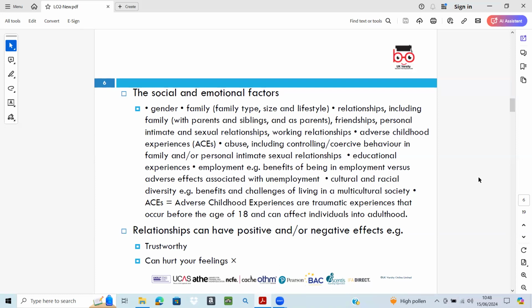Then we have relationships that can have positive or negative effects, trustworthy and can hurt your feelings. Right.